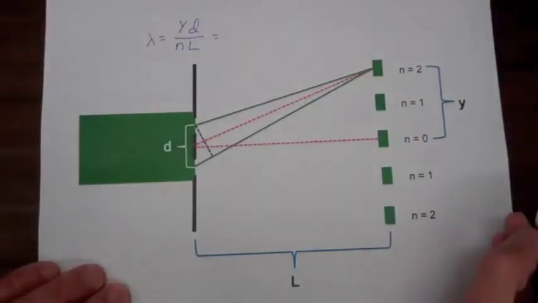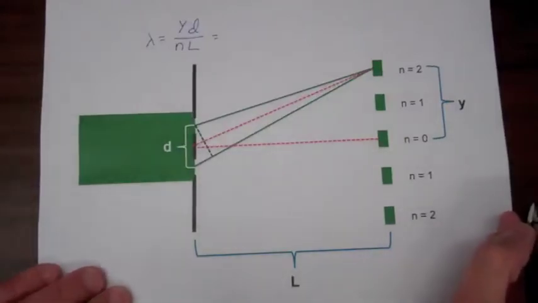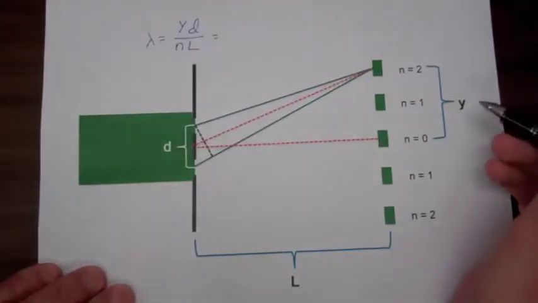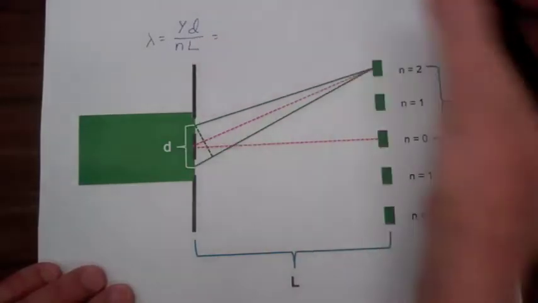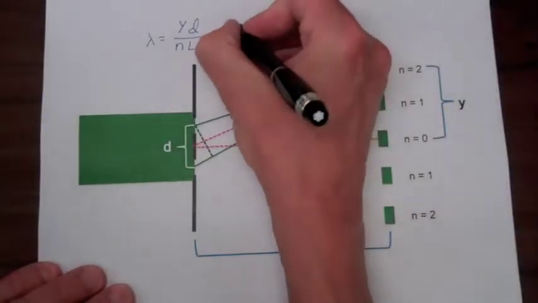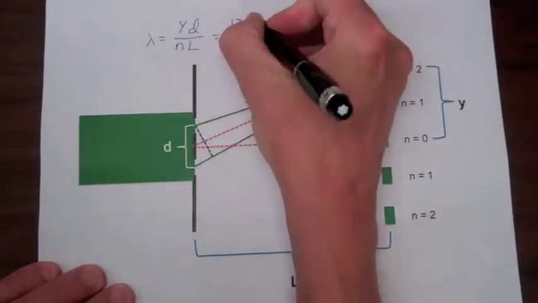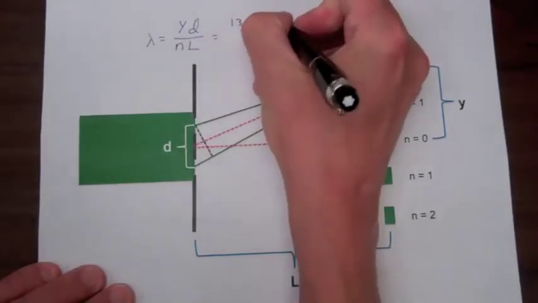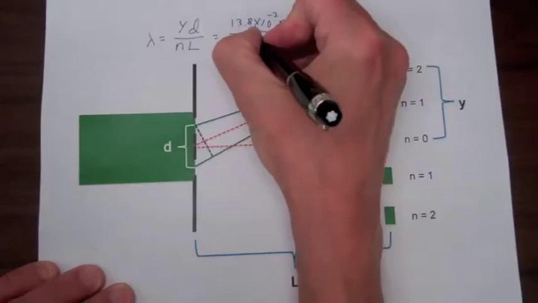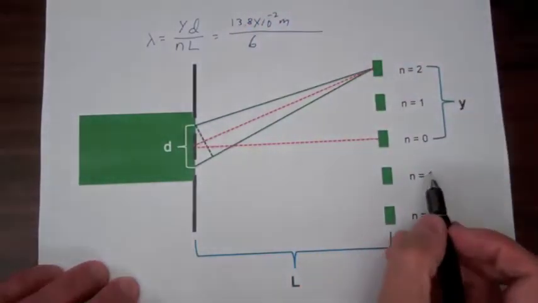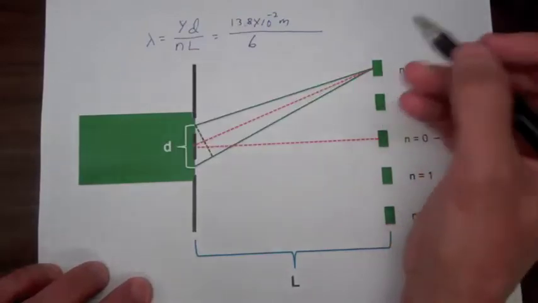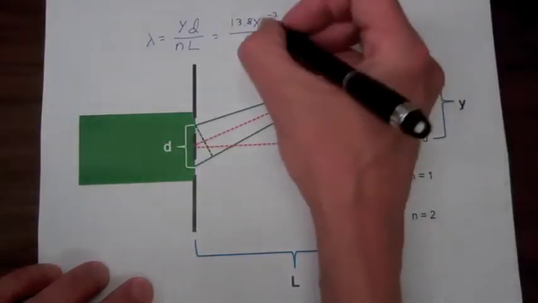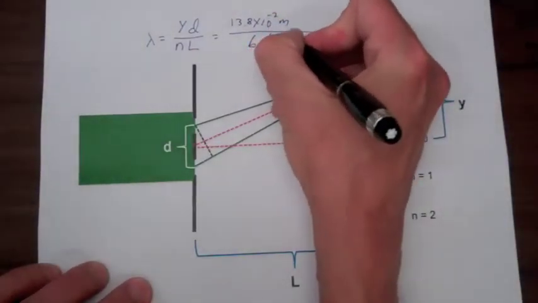We can now get a determination of the wavelength of our laser light from our measurements. So the distance we measured from the n equals 0 to n equals 6 fringe was 13.8 centimeters. And so n is 6. The distance from our laser to the chalkboard we measured with a tape measure and obtained about 9 meters.